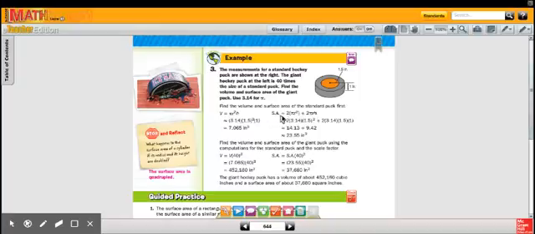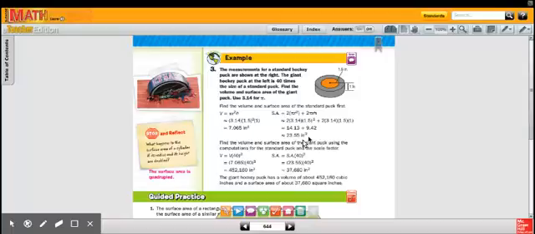Now remember, for their surface area, they're doing 2 times the area of the circles of the top and the bottom, top circle, bottom circle. And then this is the surface area of the height. It's the height times the circumference. So they like to do 2 pi r instead of pi times diameter. So you could do pi diameter height and then 2 pi r squared.